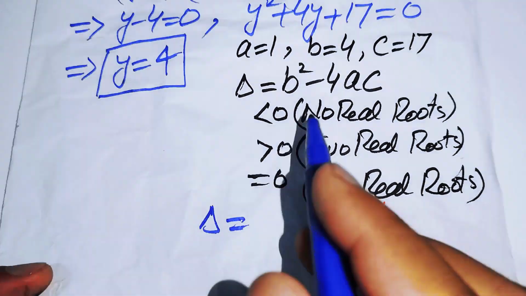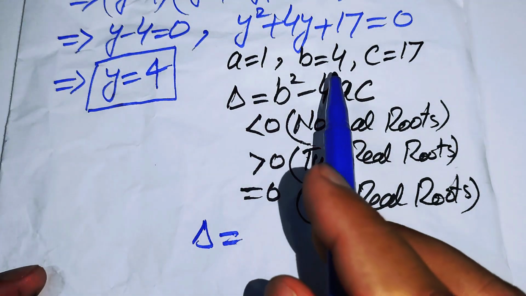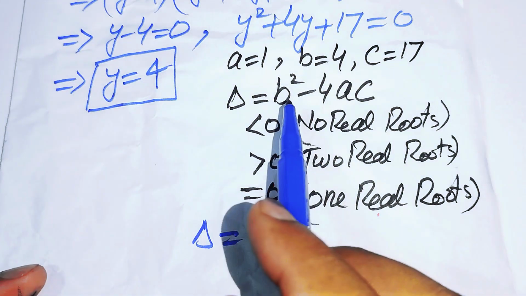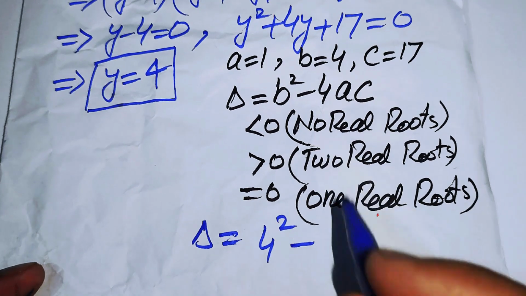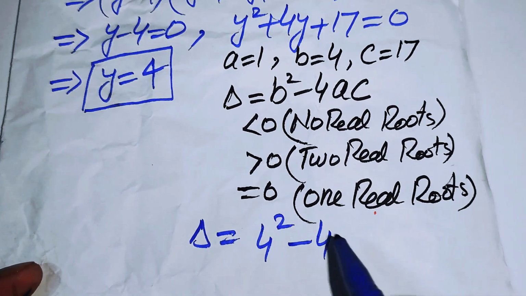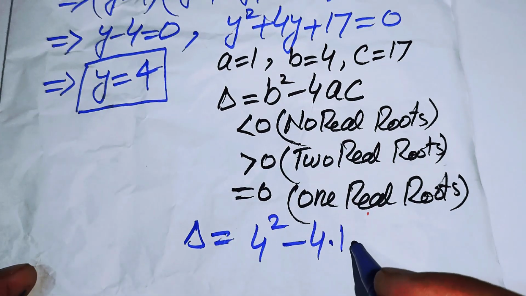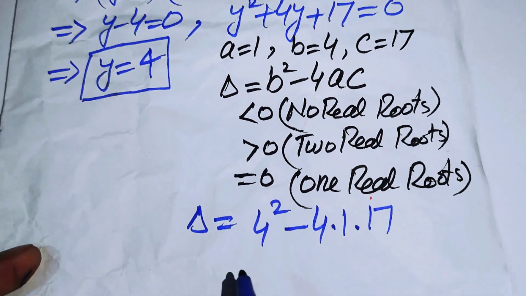So here we have delta is equal to b square, the value of b is 4 square. So when you put here 4 square minus 4 times a and c, the value of a is 1 and the value of c is 17.